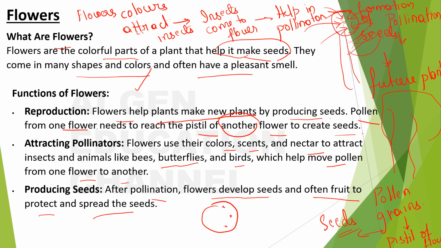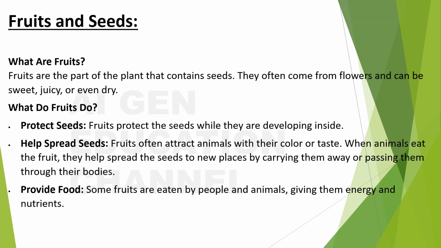I think I have mentioned in the earlier slide in the last video, right? The fruit protects the seeds. After the flowers help in production of the seeds, the fruit will protect the seeds. It is like taking care of babies, right? As I have mentioned, seeds are like babies. It is produced with the help of the flower, and it is protected with the help of fruit.